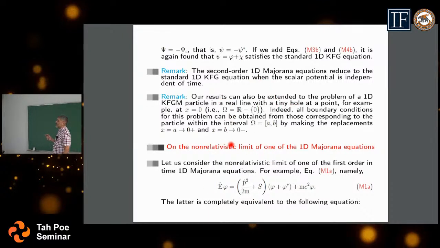Okay, if you want to put a particle inside an interval, for example a box, just make this replacement. The left-hand side of the box is 0 plus. The right-hand side of the box is 0 minus. So this is a point to the right-hand side of the 0, and this is a point on the left-hand side of the 0.